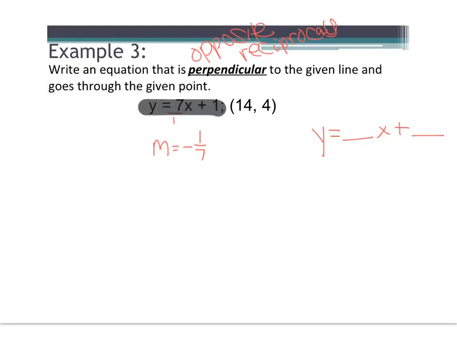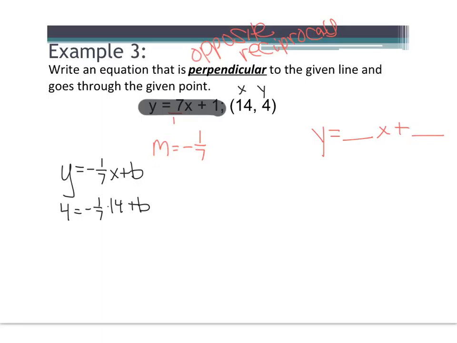Let's cross out that original equation so it's not a distraction for us. And let's go through and find our b value. I plugged in my x and y.